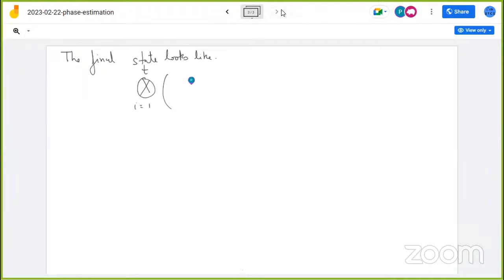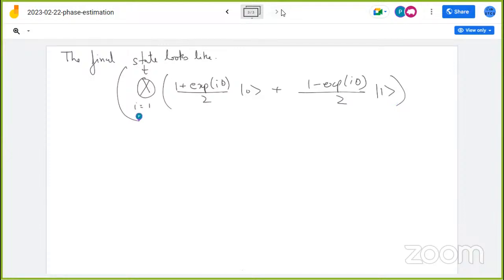This one was passed by 3 by size. So 1 plus x i theta by 2 0 plus 1 minus x. And then alpha is the tensor of the dots. So this is the final state.